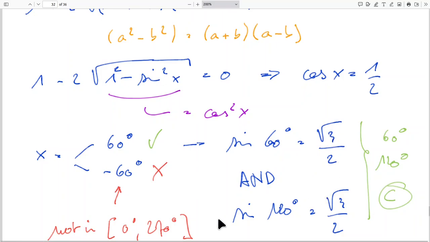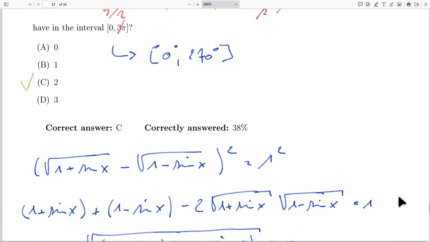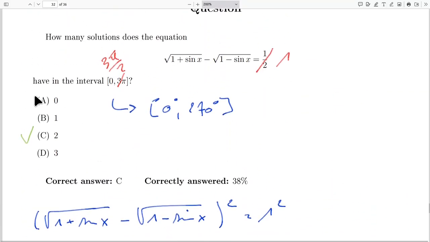But the sine of 120 degrees also gives you square root of 3 over 2. So we have two values, 60 degrees and 120 degrees. So that is solution C. This equation has two solutions in this interval.